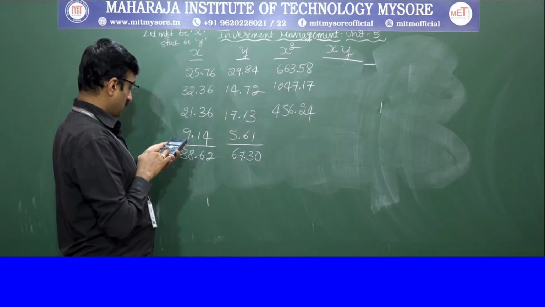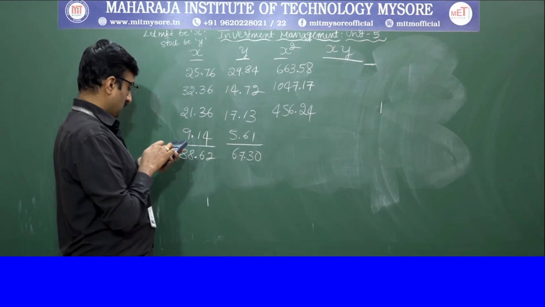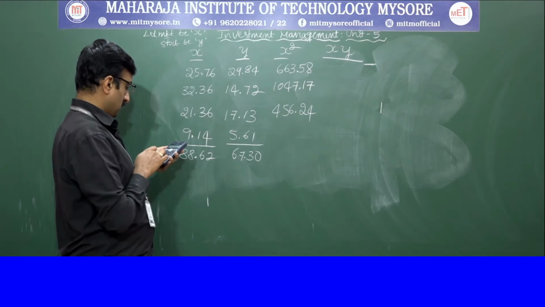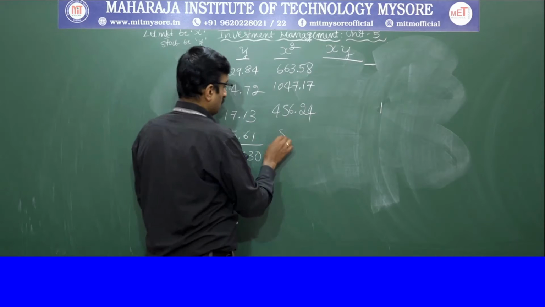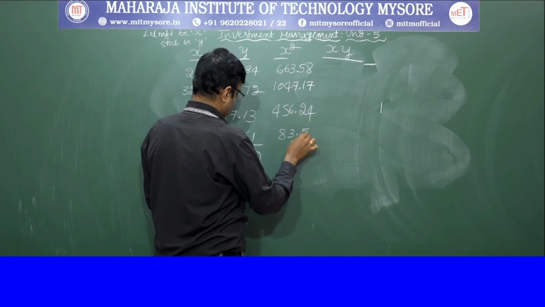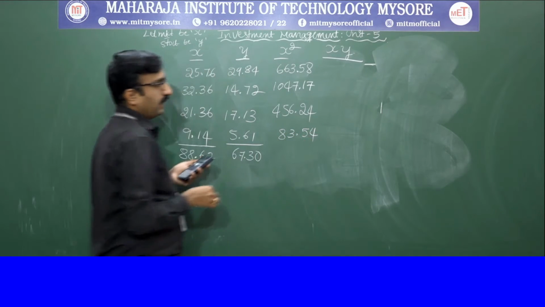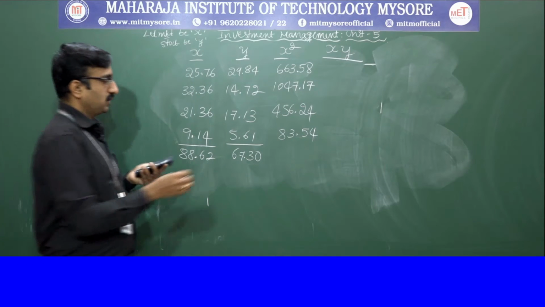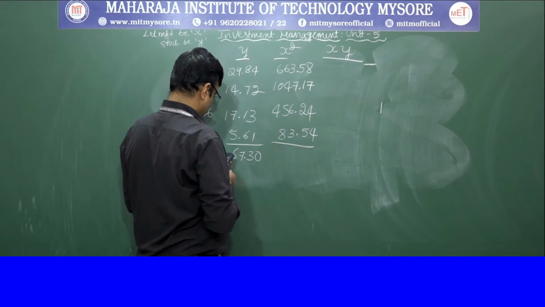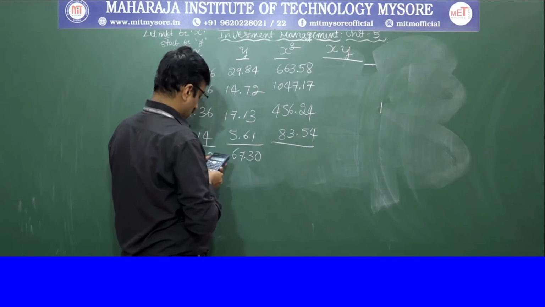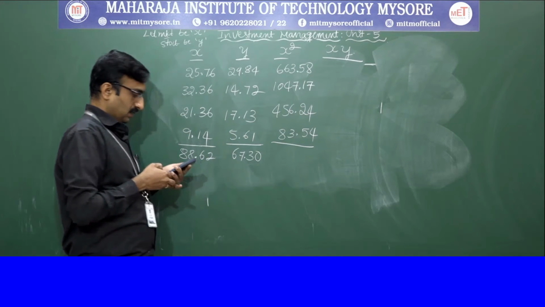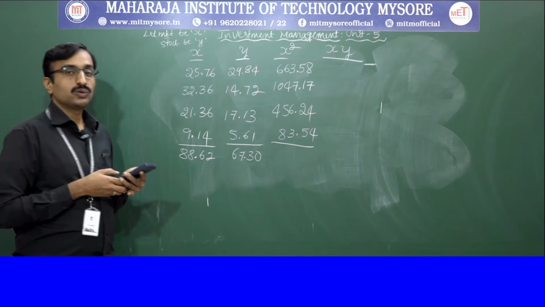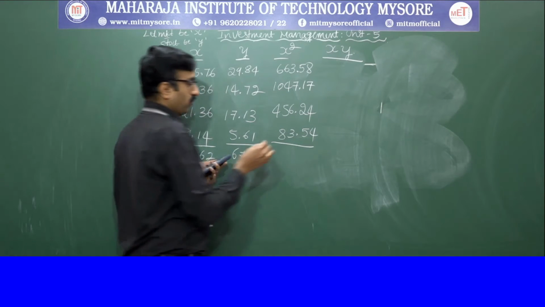Next, you will get 83.54 approximately. So sum of this you do, so you will get 2250.54.